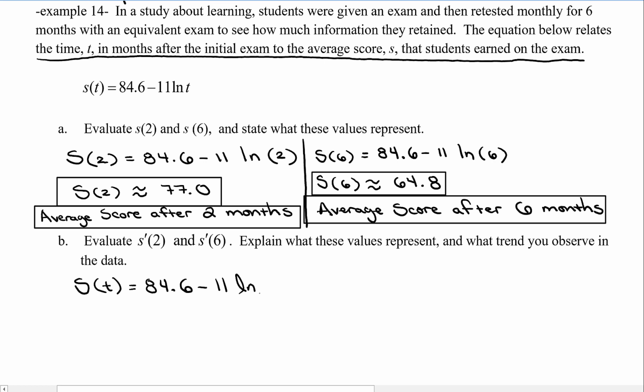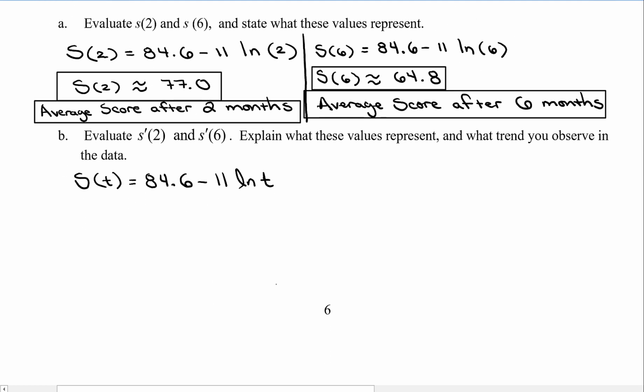S prime of t is going to be equal to negative 11 times 1 over t, which is going to equal negative 11 over t. Now we can evaluate S prime of 2. S prime of 2 is going to be equal to negative 11 over 2. And this can be also rewritten as negative 5.5.